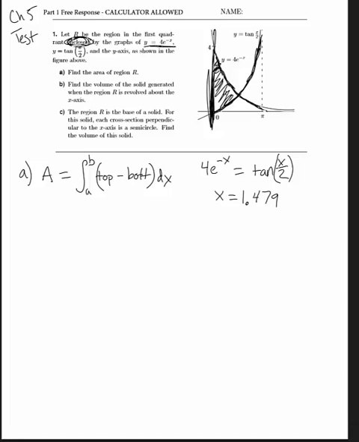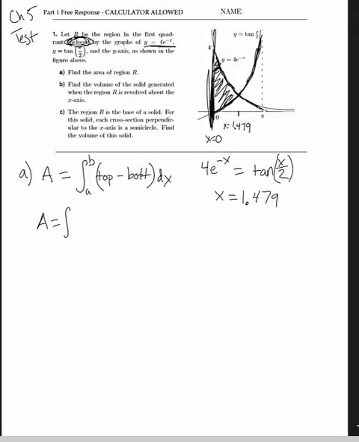Now, there was only one endpoint. This is going to be right here, so this would be 1.479. The second one, since it's the y-axis, is x equals 0. So those are our two endpoints. So the area is equal to, and we can see on this graph that 4e to the negative x is our top.